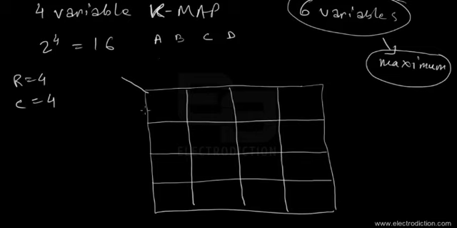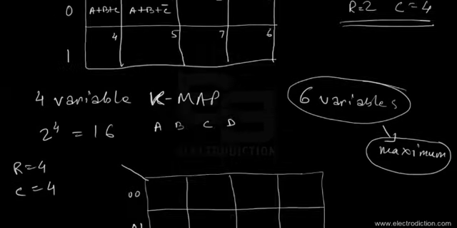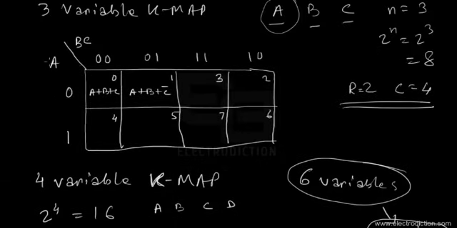Again, as we number up the rows and columns over here, the rows would be numbered in binary fashion this way: 0 0, then 0 1, then 1 0 over here, and then you jump up to the 3rd row and number it 1 1. Similar to the way in which we numbered the columns in the case of a 3-variable K-map.